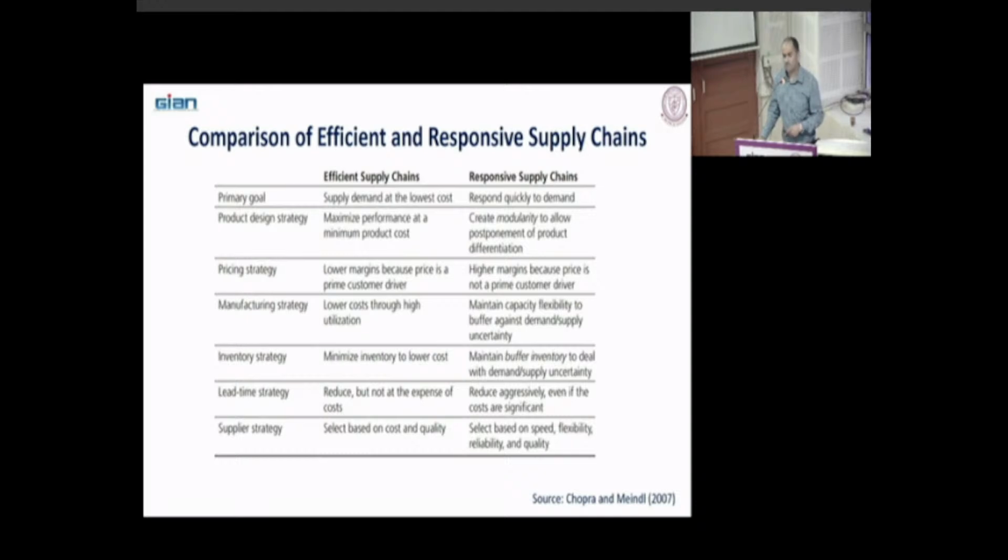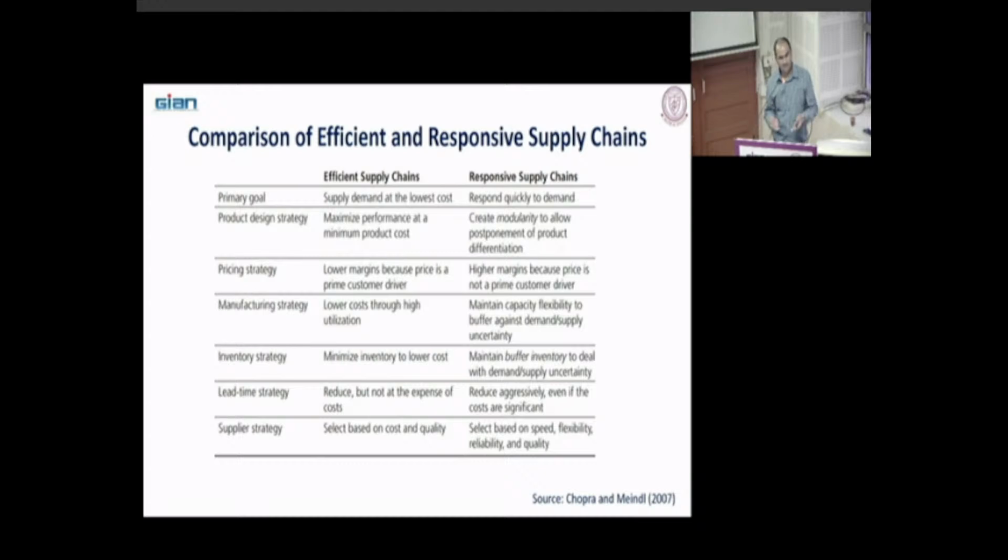Here, reduce aggressively for responsiveness. Sometimes they move the goods by aeroplane, air freight as well. Why? Because of the responsiveness. Supply strategy selected based on cost and quality. Here, speed, flexibility, reliability. So that is the difference between efficient and responsive. So again, it depends on the product, the company, what is your customer base.